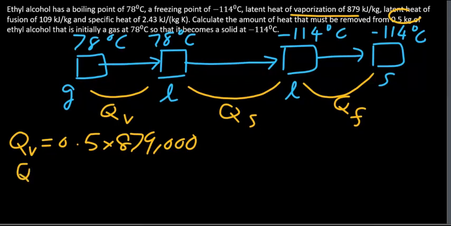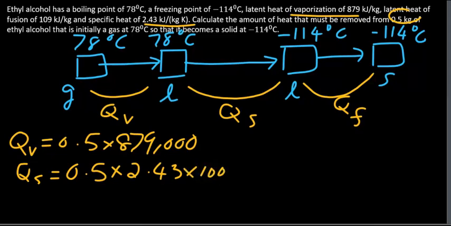Now the second term, the specific heat involved. So to calculate that, you need to know the mass, which is 0.5 kg. Specific heat capacity, note the unit, kilojoules per kg per Kelvin. So you need to turn that into joules per kg per Kelvin by multiplying it with 1,000. Now there is a temperature change from here to there.